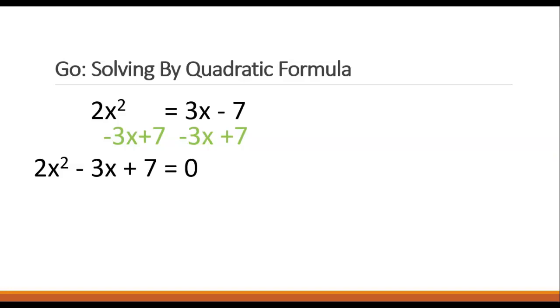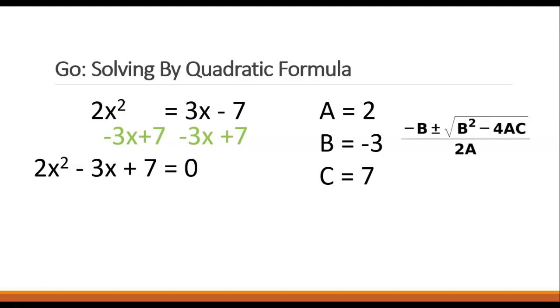Once we have the trinomial, we want to identify A, B, and C. Now we need to use the quadratic formula. First, we want to substitute into the formula our values for A, B, and C. Then we want to evaluate our answers.